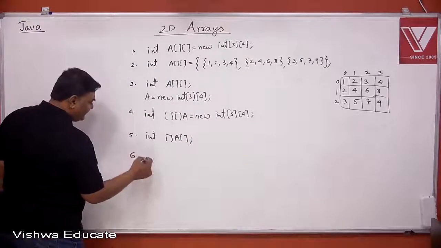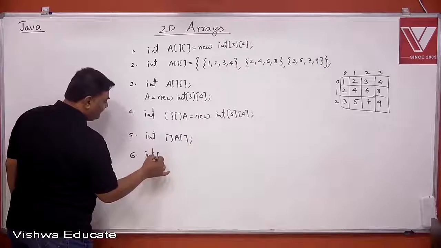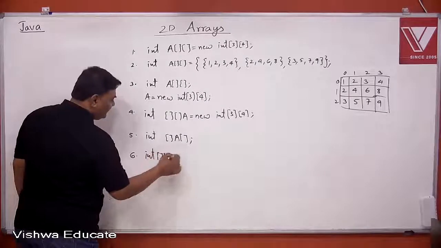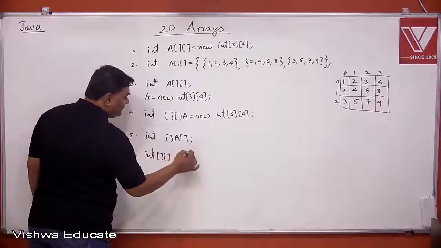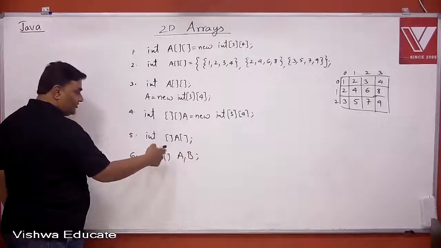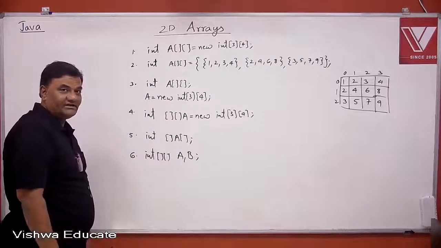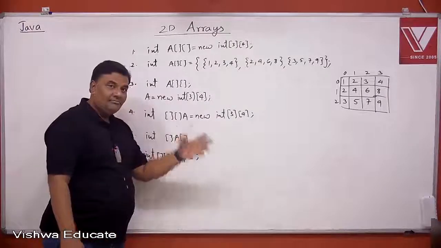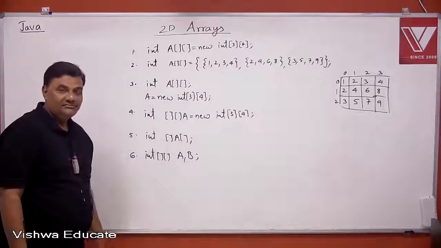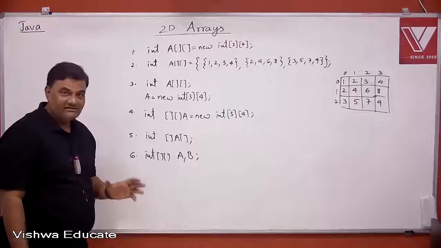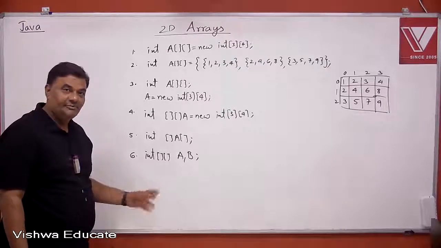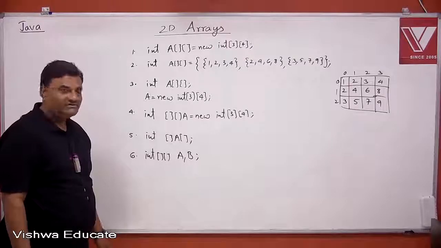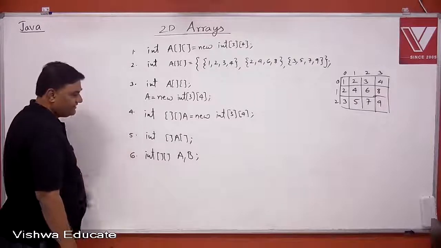Then the sixth method: you can have two brackets along with int and say a, and also if you say b, then both of them will be two-dimensional arrays, because this itself is an int 2D array. Both a and b are two-dimensional array references. So these are the various ways you can declare.